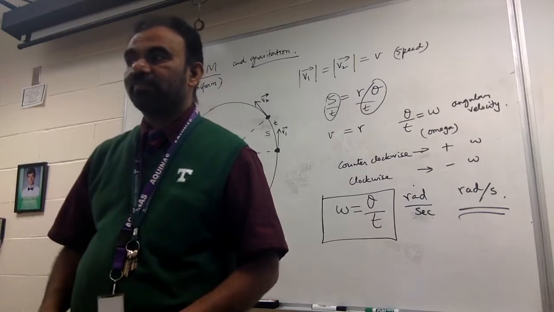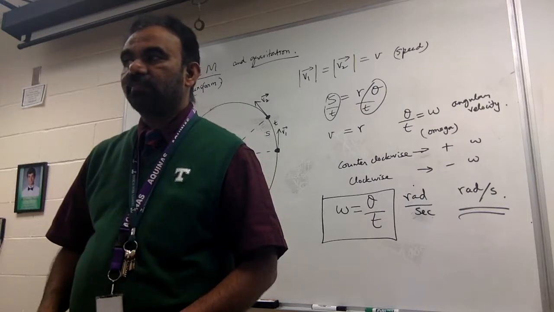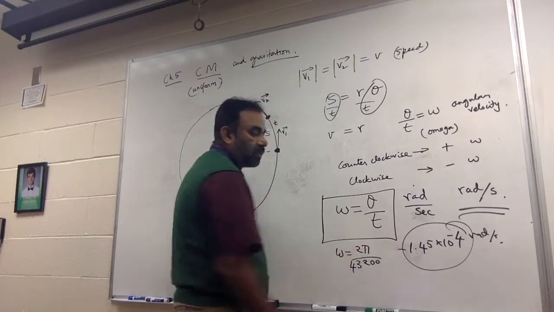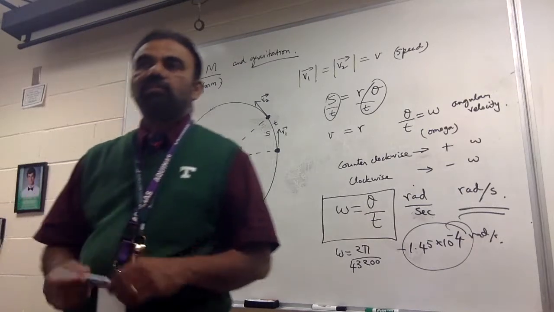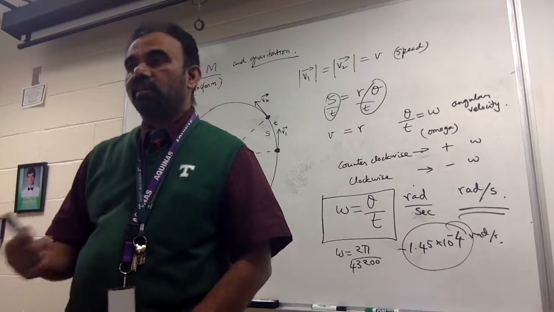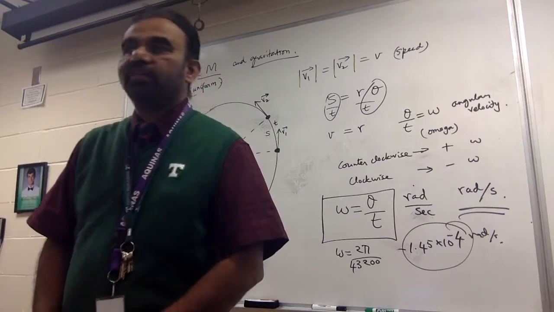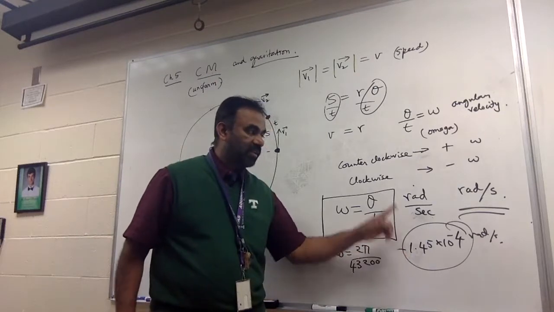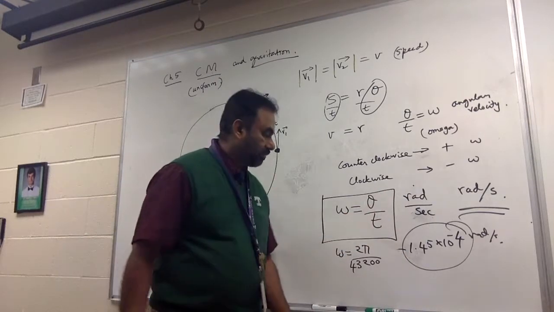Yes. 0.52 radians per second. Now both of these are negative answers. Remember, because the clock obviously is clockwise, and therefore it is negative. So in terms of direction, you are supposed to have a negative sign for both.